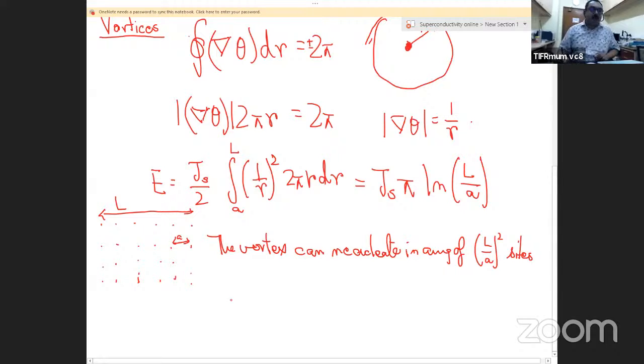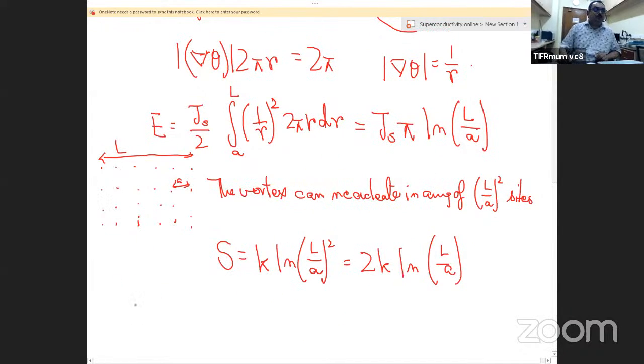That means that the entropy will be k log of (L/a) whole squared, that is 2k log(L/a).